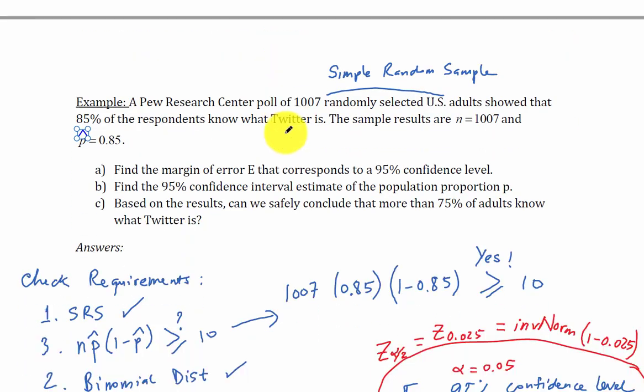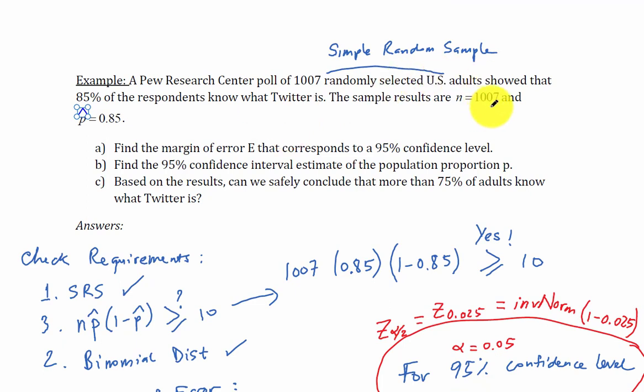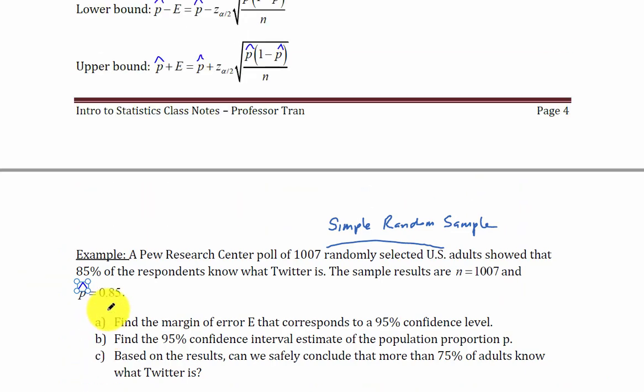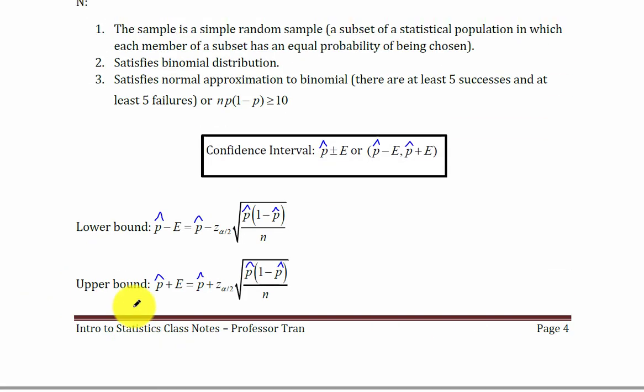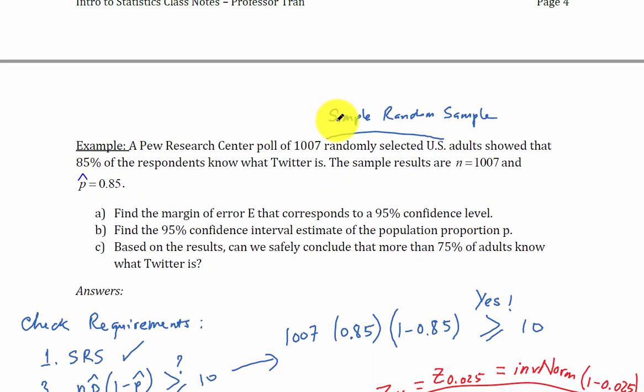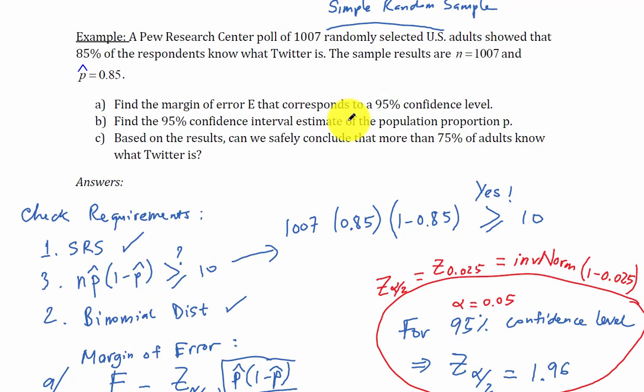So we know that n is the sample size, 1,007 people. P is the p hat, right? P here means the same thing, p hat, because we are talking about the point estimate p hat. So n p hat multiplied by 1 minus p hat bigger than or equal to 10. And yes, p hat is the probability that 85% know what Twitter is.